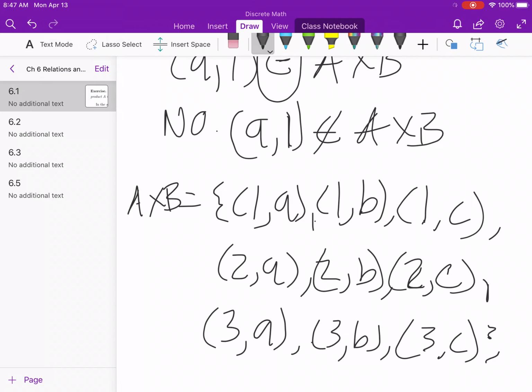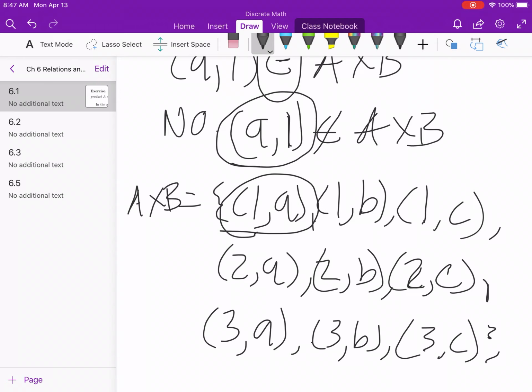Notice that this (1, a) looks really similar to (a, 1), but they're not equal. When we're talking about relations on sets and ordered pairs, the order matters in ordered pairs.